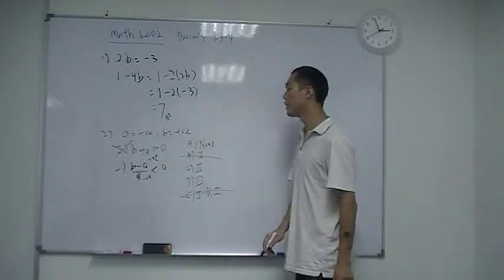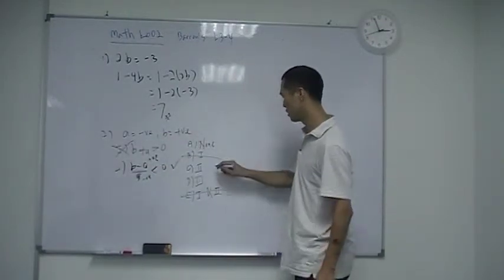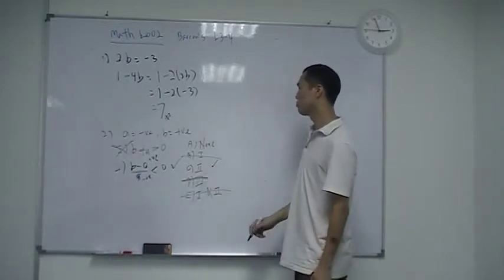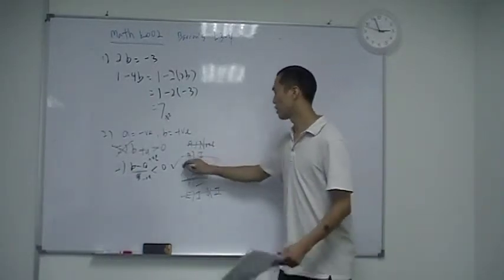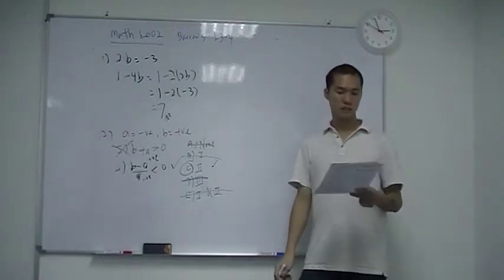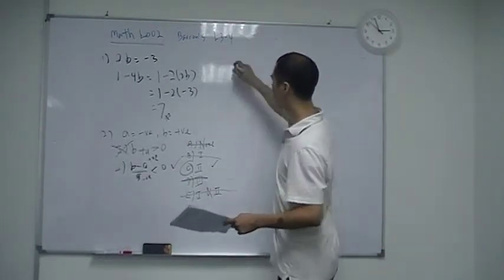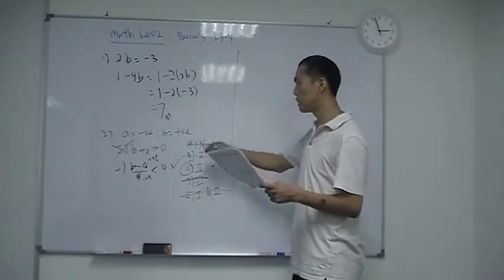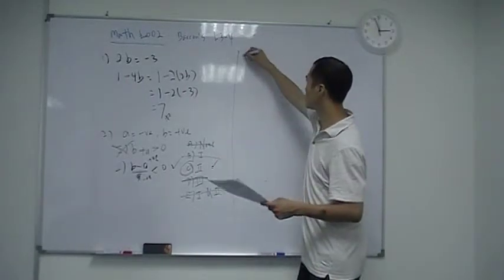This means it's still negative, so less than 0. This is okay. So you must have 2, and you don't have 3 at all. So the answer is C right away. I don't need to check 3 anymore. So this is called process of elimination. You have to eliminate one by one as fast as possible.